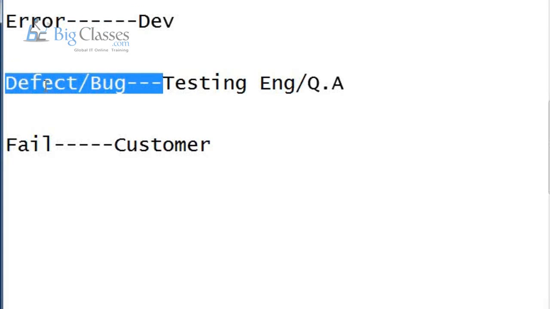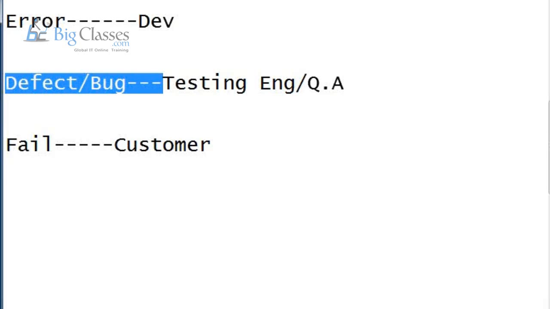If any expected value is not equal to the actual value, it's called a defect or bug. Next, failure. After delivery to the customer, if the customer faces any problem from the application, it's called failure. This terminology is used by the client, the customer.